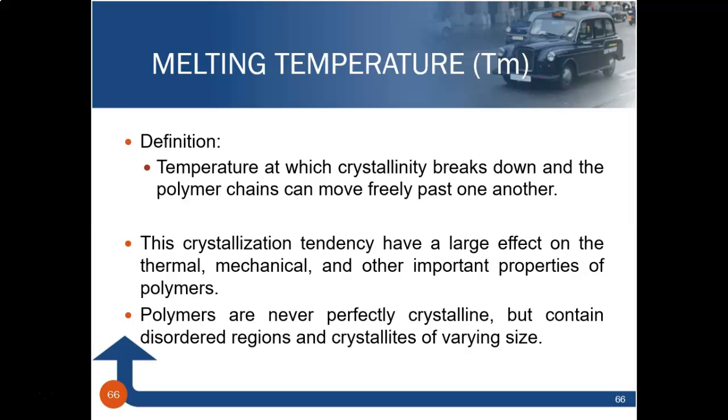So polymers are never perfectly crystalline but contain disordered regions and crystallites of varying size, depending on the type of cooling. If you choose rapid cooling, the crystals will become larger compared to slow cooling.